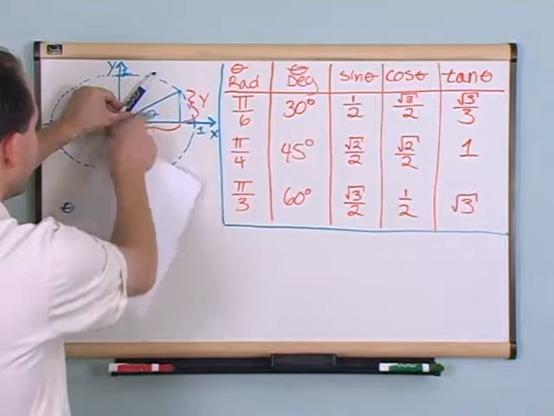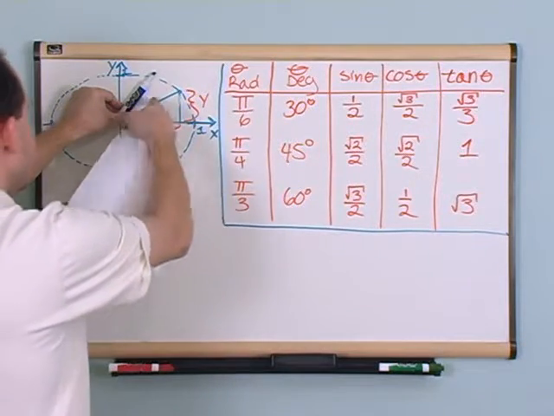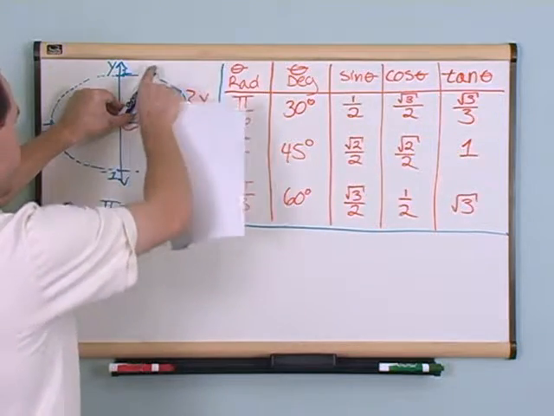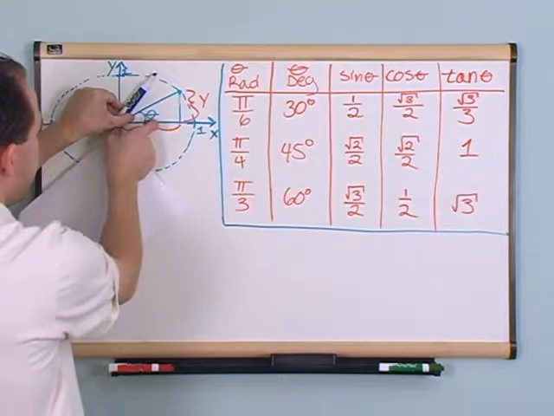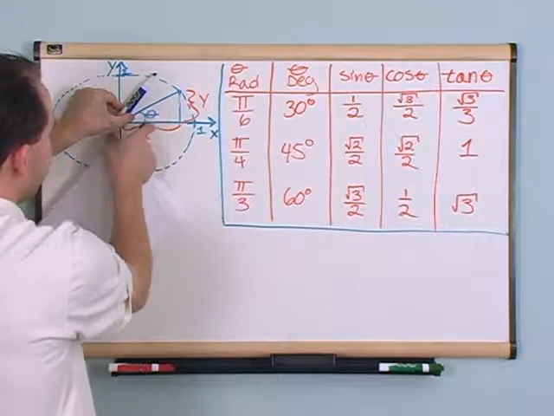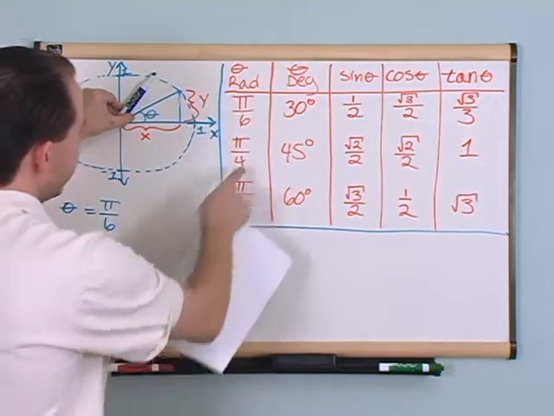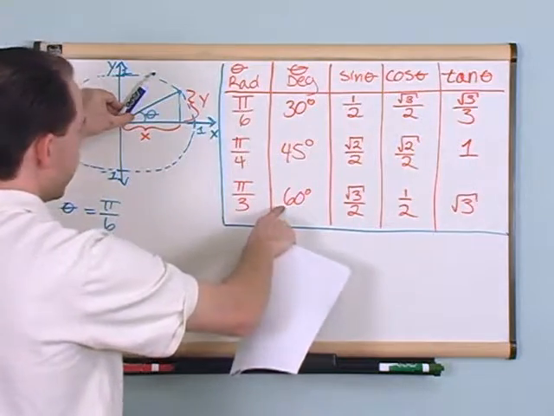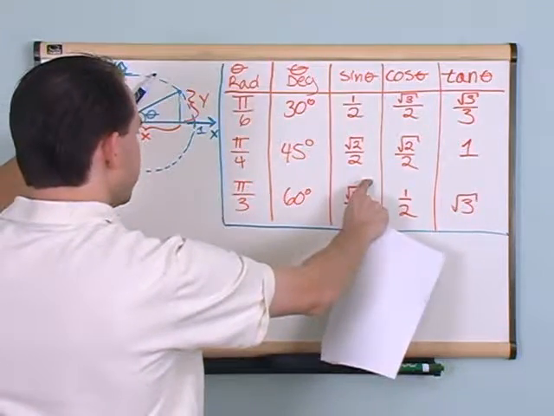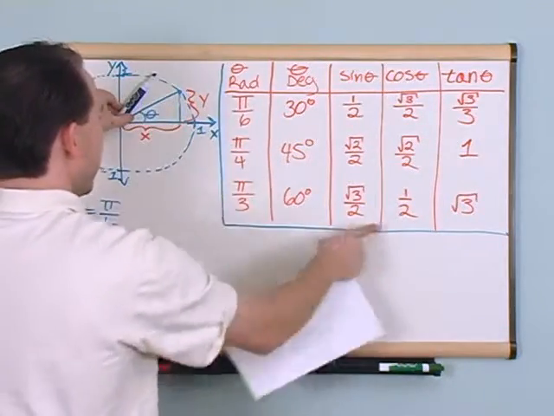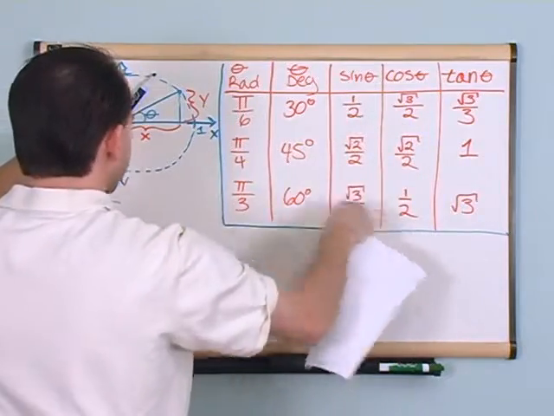So if I take the sine of this angle, it's going to be bigger because sine is related to y, and cosine is related to x, so that would be a smaller number. And as I go up to 60 degrees, that's exactly true. The sine is a bigger number, and the cosine has gone to a smaller number.